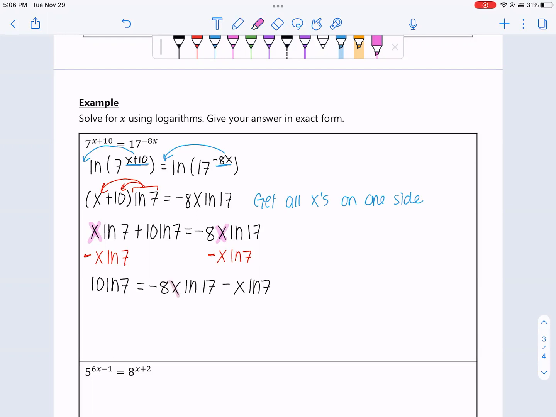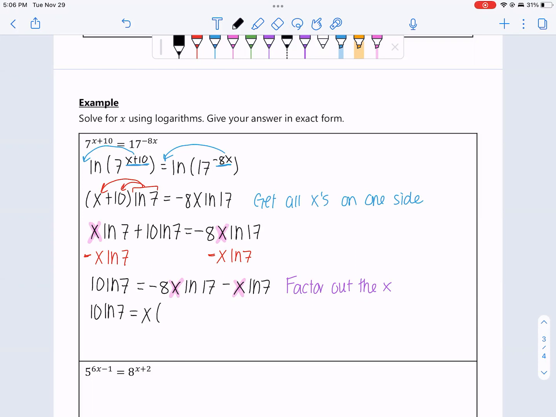At this point, you now have two terms on the right side that have x's in it. We can pull the x out, and by pull, I mean factor. Factor out the x. So I have 10 ln 7 equal to pulling out the x.